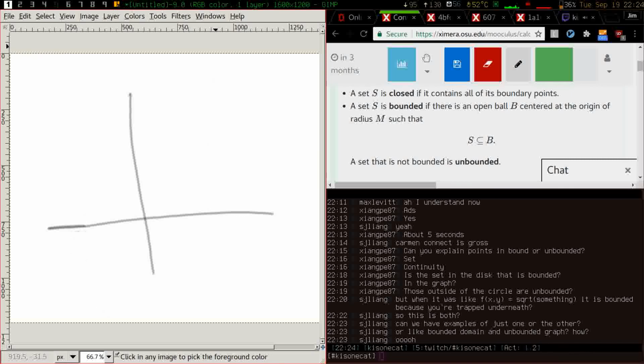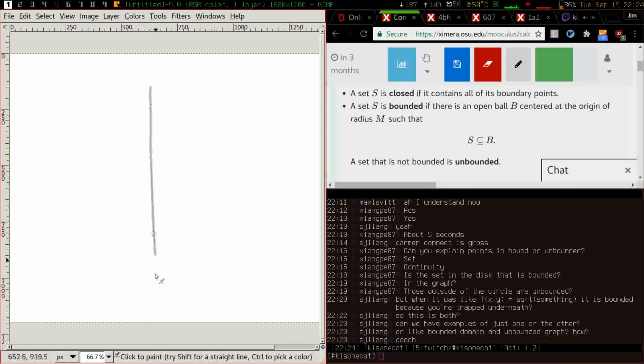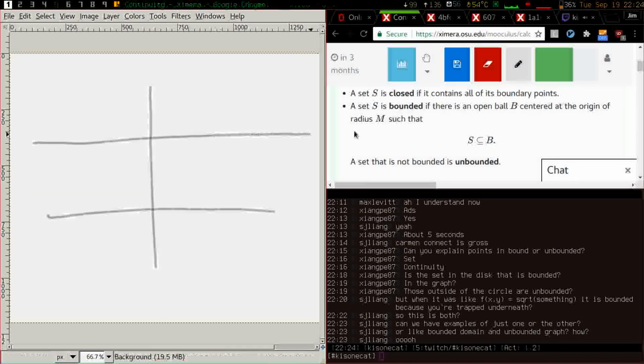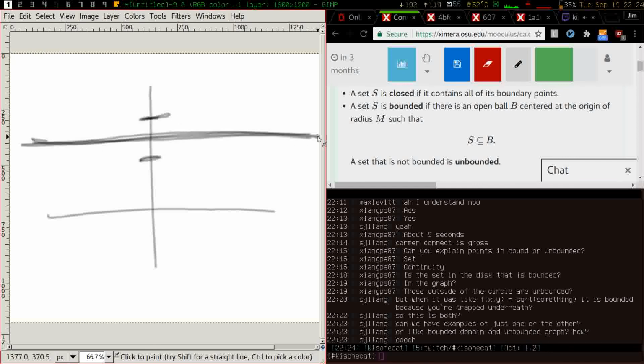And in the previous example, where the function was given by the rule f of x equals 17, the function is a bounded function because the output is no bigger than 18 and no smaller than 16. So it's bounded, but the graph of the function is unbounded. It goes on forever.